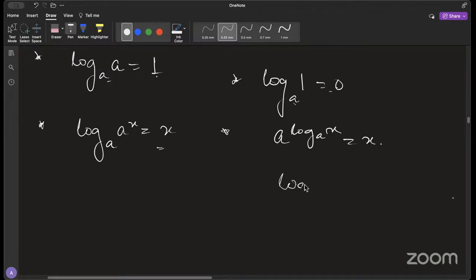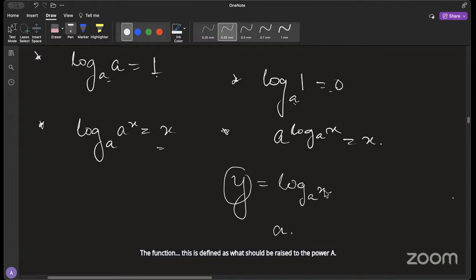This is how you define log base a of x: the function is defined as what should be raised to the power a, which gives you x.